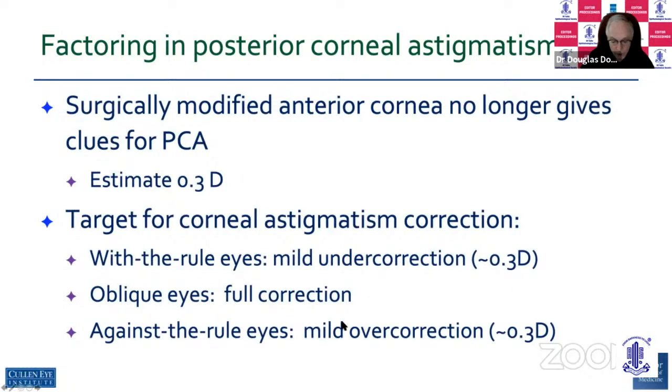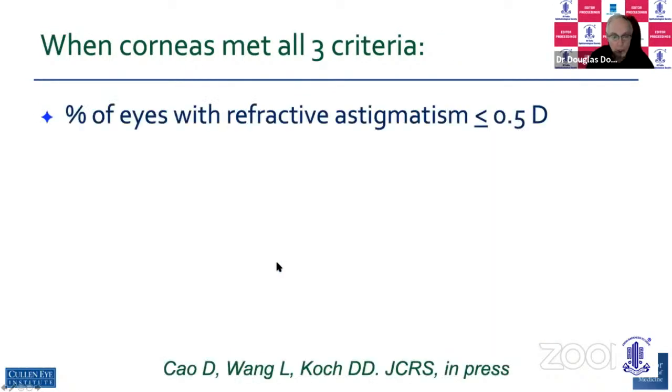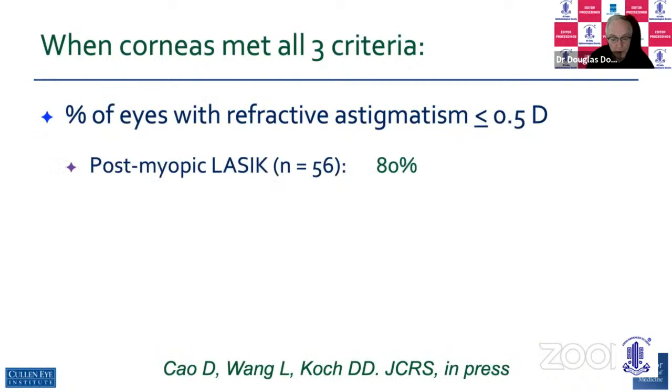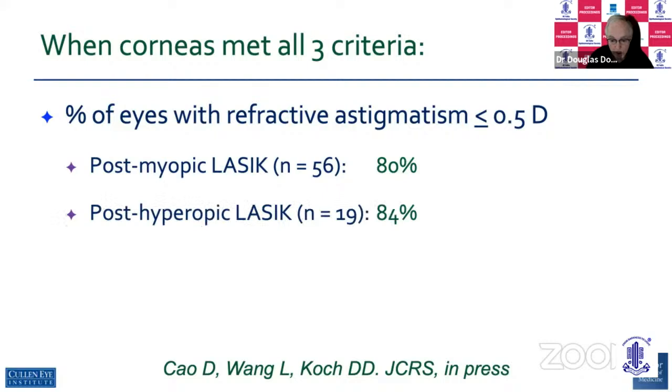Oblique eyes, full correction of astigmatism, and against-the-rule eyes, a little overcorrection, again, to leave them 0.3 diopters with the rule. Factoring all this in, we got in post-myopic LASIK eyes, 56 eyes, 80% within a half diopter, and post-hyperopic LASIK, 84% within a half diopter of refractive astigmatism. So that's actually been published now.